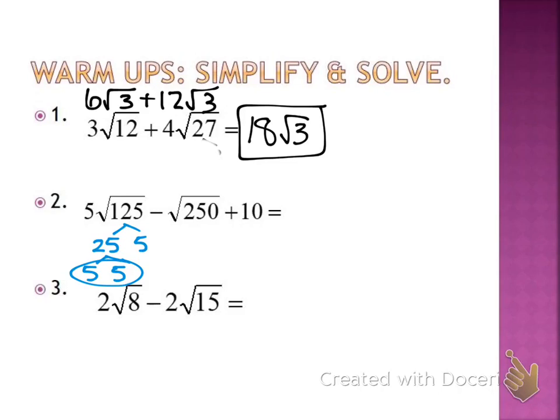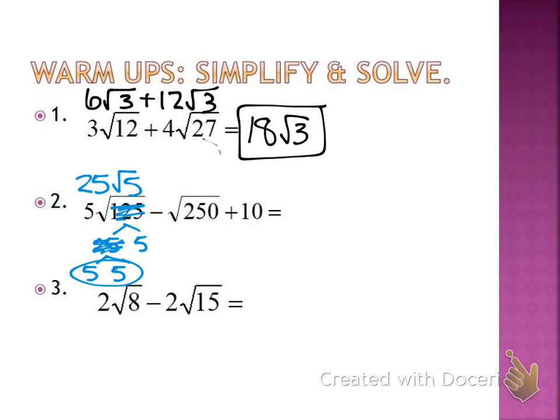We already had a 5 out in front. It gets multiplied by another 5 to give us 25. What's under the radical still? The lonely 5. Remember, if you need to, once you break a number down, you can cross it off because we don't care about it anymore once we break it down.